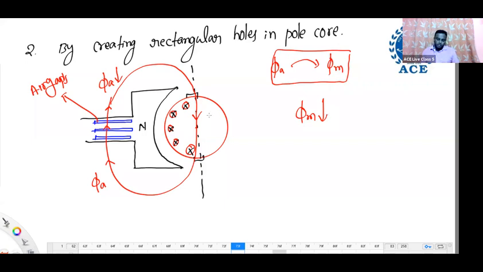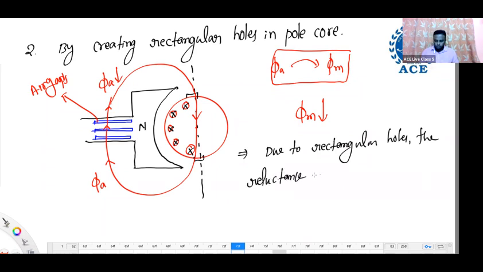Right, by creating rectangular holes, the reluctance offered to the armature flux increases, and its magnitude decreases.